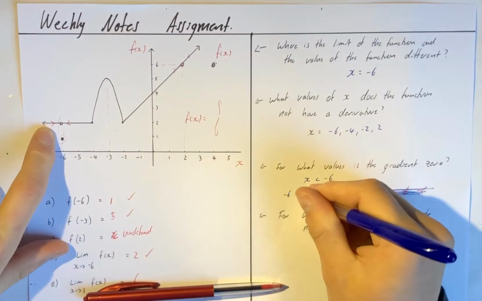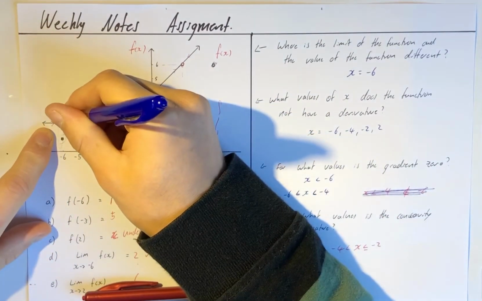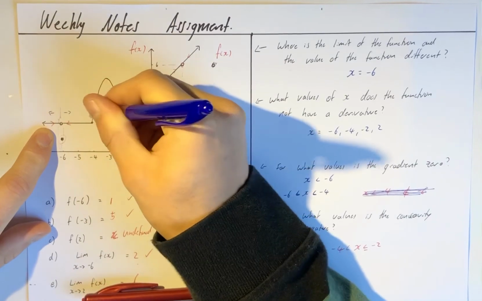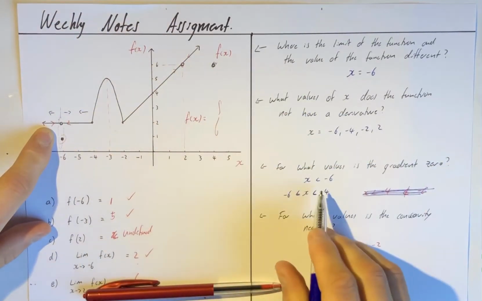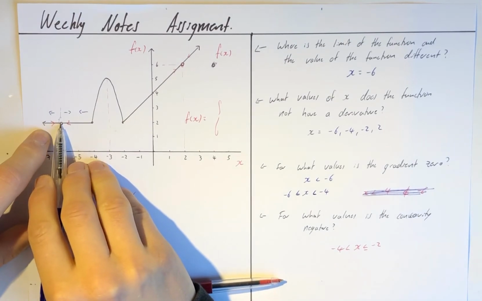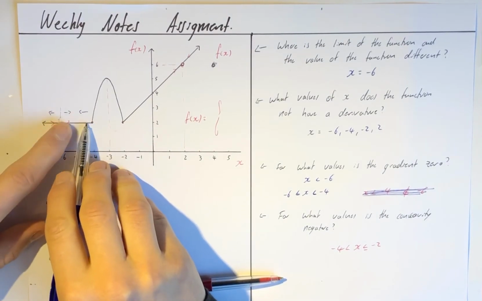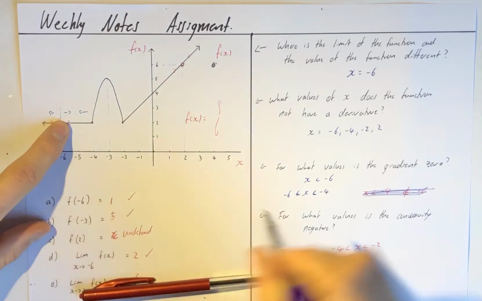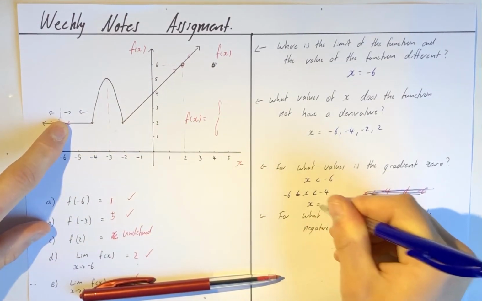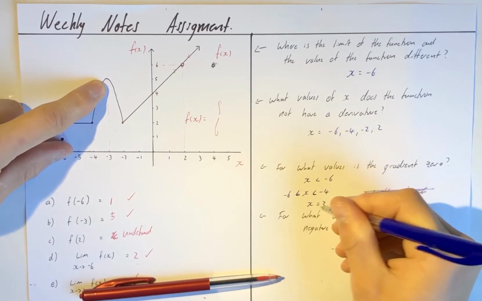So I've had to split it up because I've got this interval, so from here back at 0, and from here to there at 0, and I haven't included those points because, like I said, there's no gradient there. It's undefined, so it's strictly within those parameters. There's one other point, and that is when x is equal to -3.